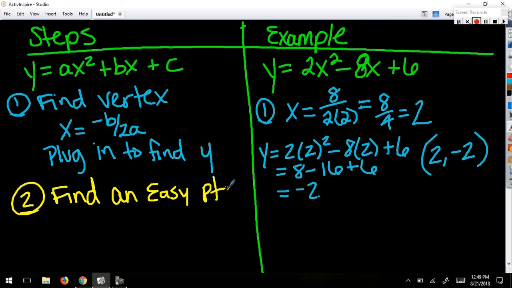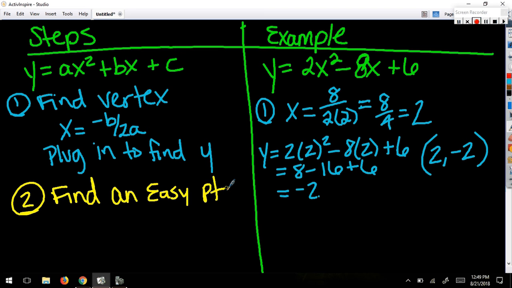But the smart thing is going to be to stay close to the vertex. Because if you think about how that parabola goes, if I'm right here and this is 2, it goes up really fast the further out. What if I pick 10? 10's way over here. Look how high up that's going to go. It's going to start moving fast. So I want to stay real close to this 2.